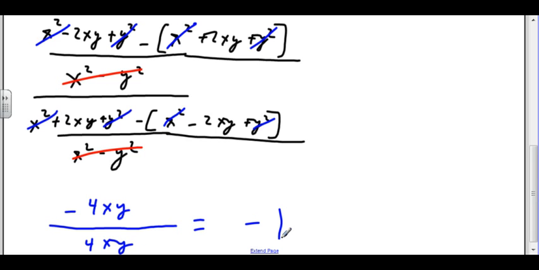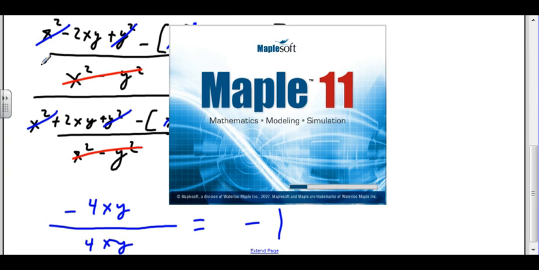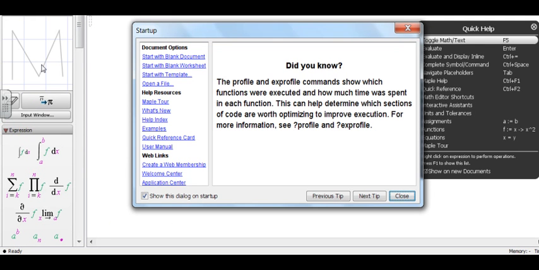Is there anybody that believes that? Nobody believes it. All right, well, we got enough time. We can come up in Maple and see if Maple thinks it's minus 1. Now, this will, of course, require that I enter it into Maple correctly, which is also another challenge that we have to bear.